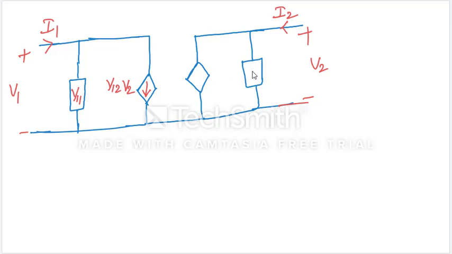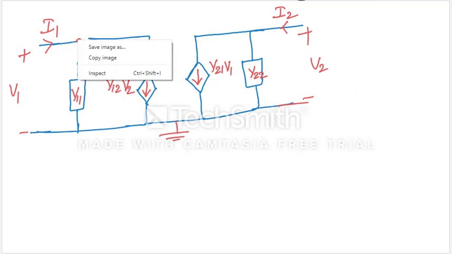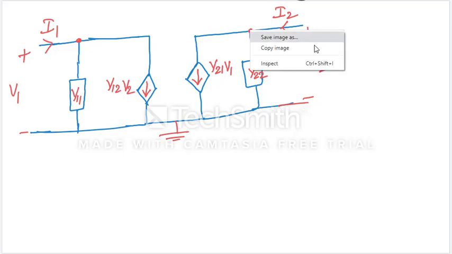Next, this is Y22 mhos, and this current is Y21 into V1. Check it: applying KCL at this node, I1 is equal to this current plus this current, and at this node, I2 is equal to this current plus this current.